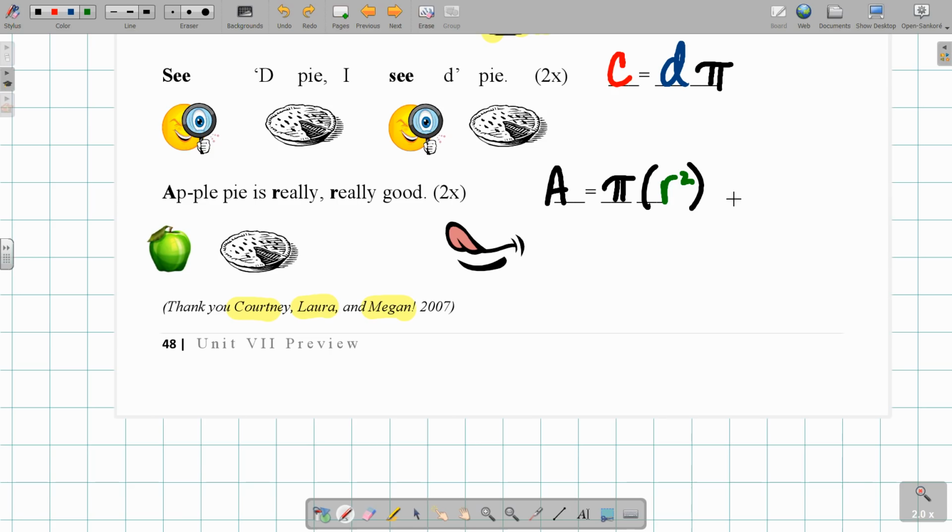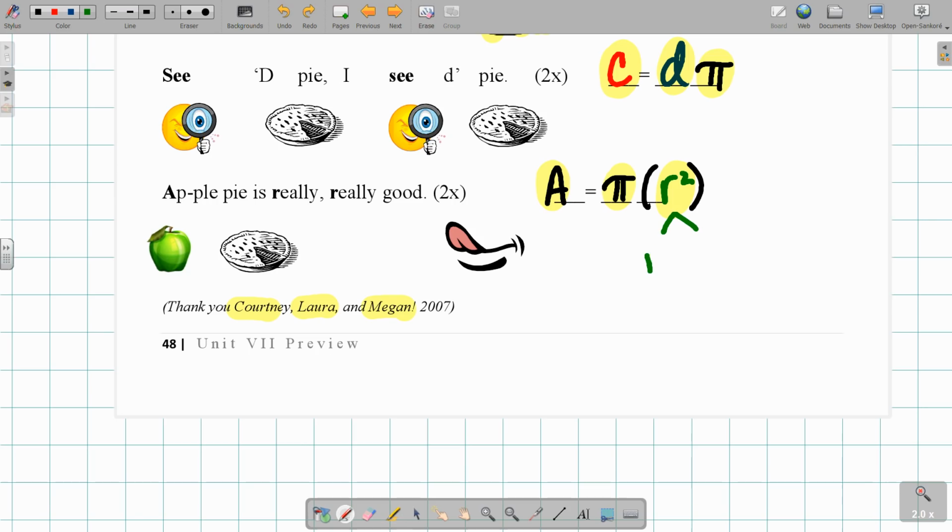Apple pie is really, really good. C d pi, I c d pi. Apple pie is really, really good.